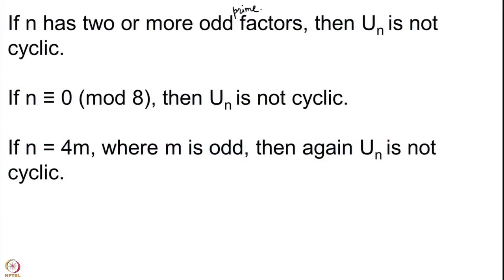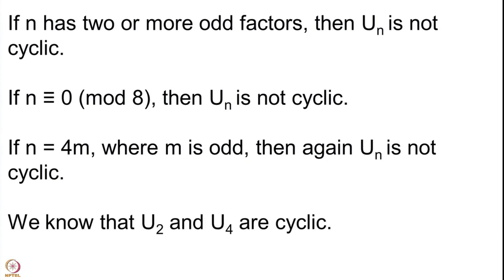And the final thing that we have to now notice is where 2 is the only factor, or n is equal to 4, because when you are looking at n is 4m, m is odd, we are going to take m to be strictly bigger than 1. This is the case when Un is not cyclic, and so the final thing is where we have U2 and U4.